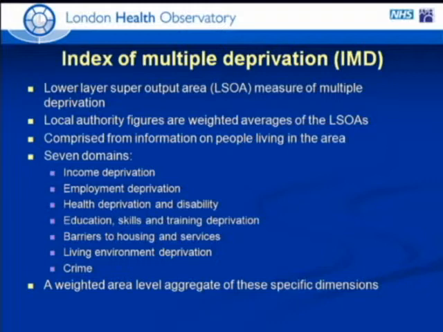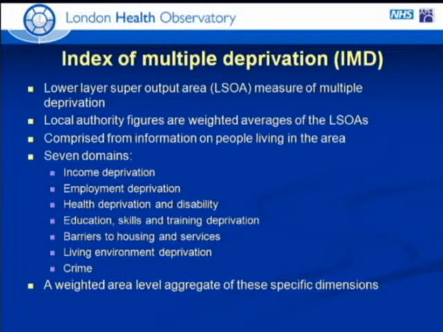And so they collected information at that very small geography on 7 domains, which I've listed on the slide. So income, employment, health deprivation, education, skills and training, barriers to housing and services, the environment and crime, and created an index based on all those things for each very small area.